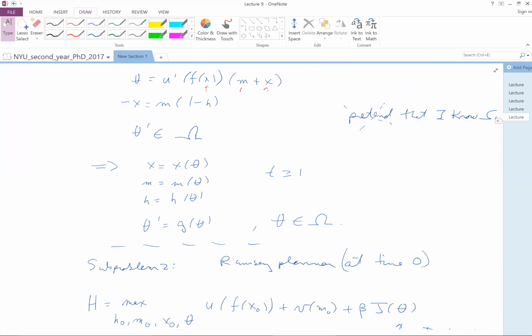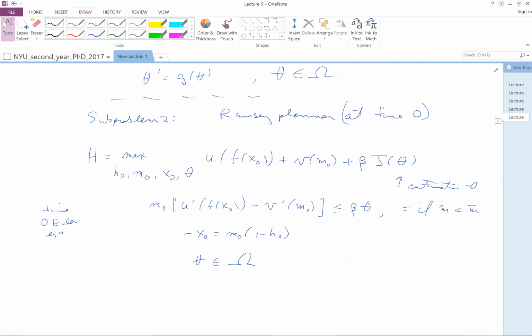Okay. So what's going to emerge from this problem is going to be a choice of m0, h0, x0, and a theta. So that's what the maximizer is going to be.